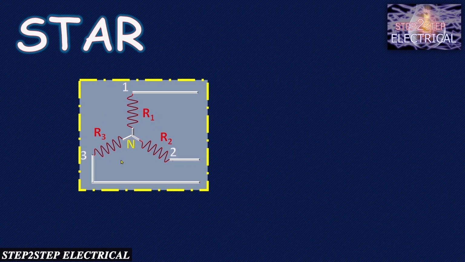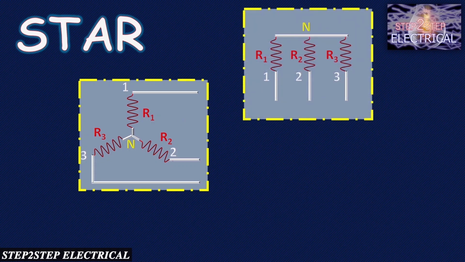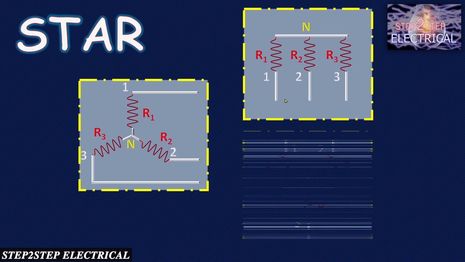So collectively we can say that a star arrangement of resistors is such that one end of each is connected to three different terminals, but the other ends are connected to a common point. Some other examples of star fashion are, again here this is in star. Why? Because one ends are connected at a common point and all other ends are connected with separate terminals.